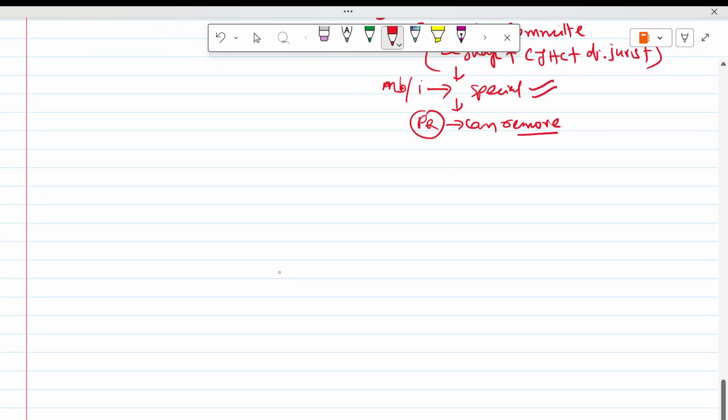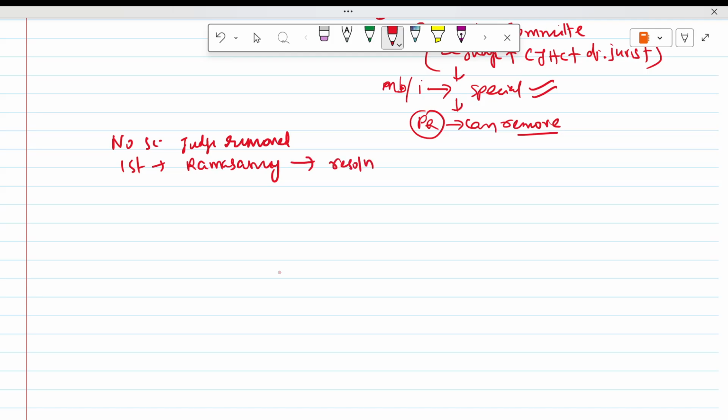Till now, no Supreme Court judge has been removed. But for the first time, there was Justice Ramasamy. Against him the resolution was introduced, but the bill was not passed in Lok Sabha, so we could not remove that judge.